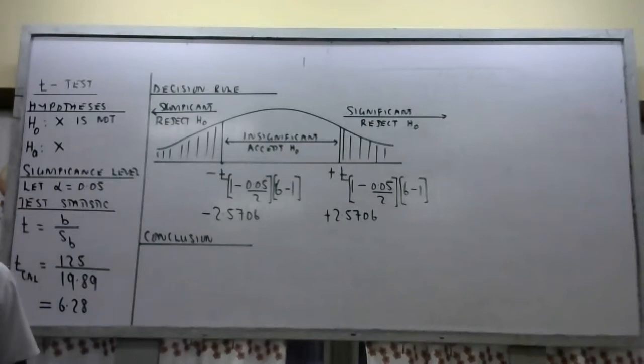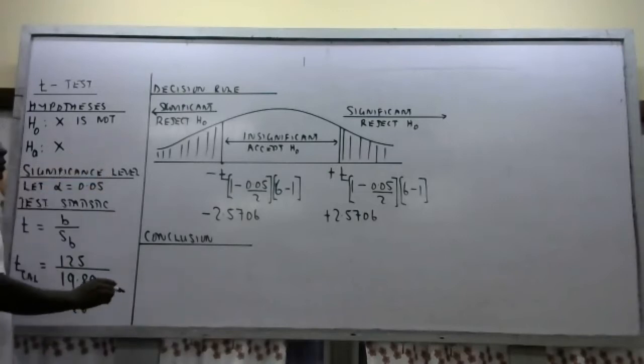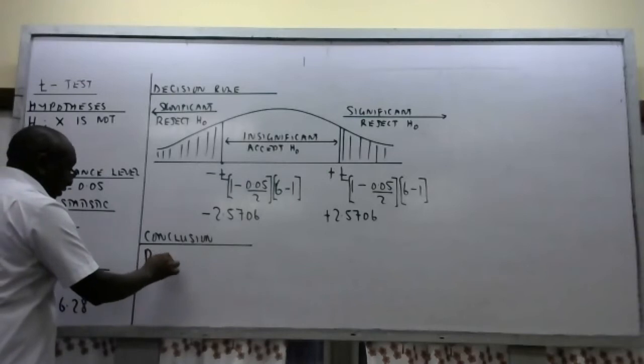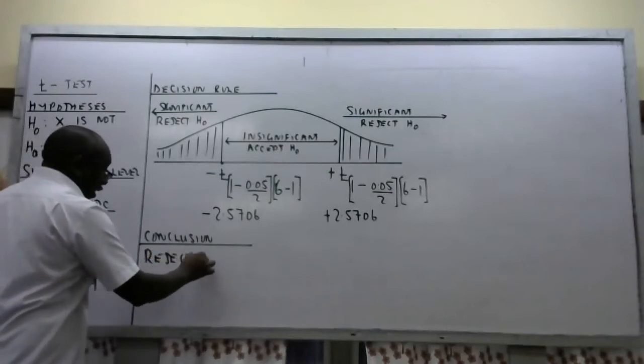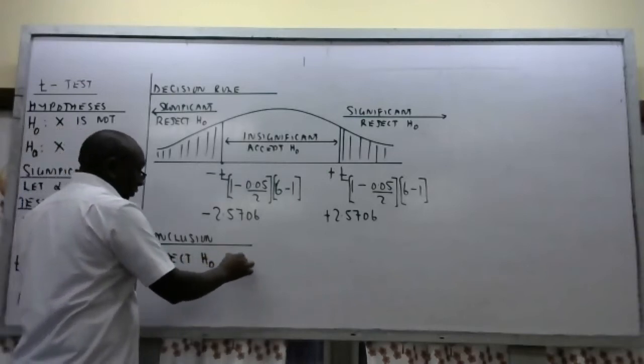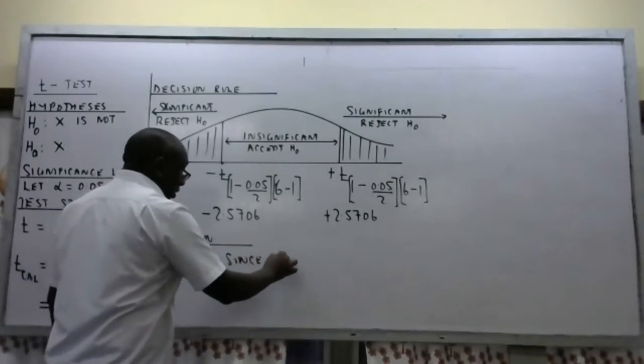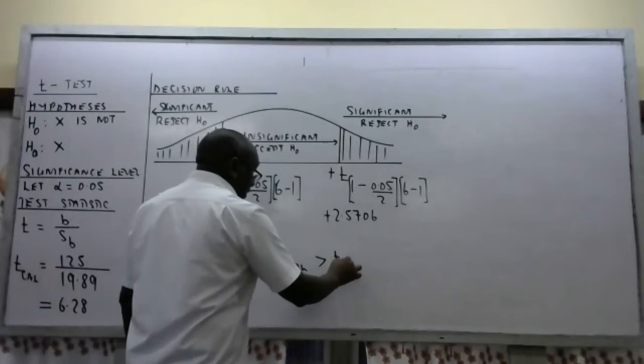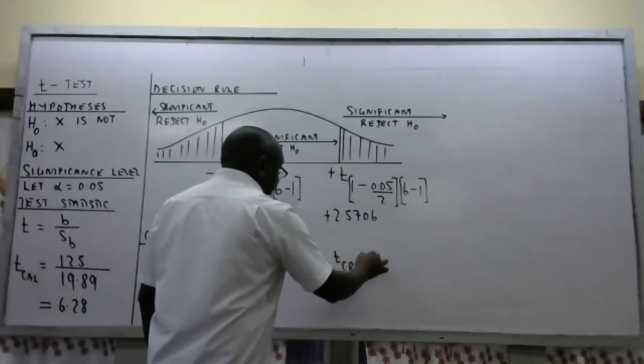Okay, so what do we conclude? You see our calculated value. So we will reject the null since T calculated is greater than T critical.